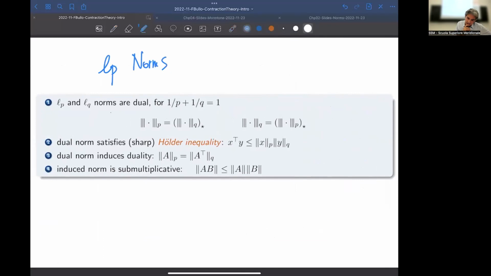What is known is that if P and Q are dual, and once again, it's 1 over P plus 1 over Q is equal to 1. And so what that means is that if P is equal to 1, Q is equal to infinity. If P is equal to infinity, Q is equal to 1. If it's 2, 2, okay? So what is known is that the dual of P is Q, and the dual of Q is P.